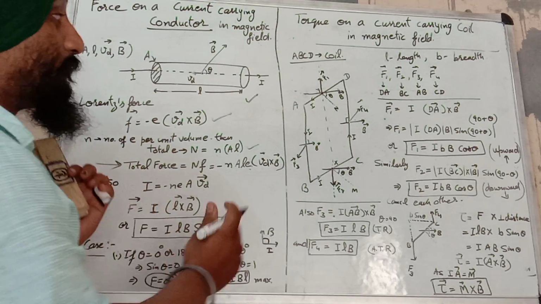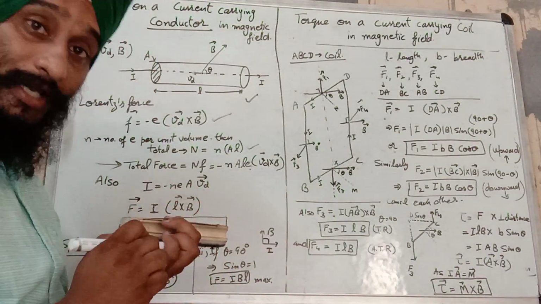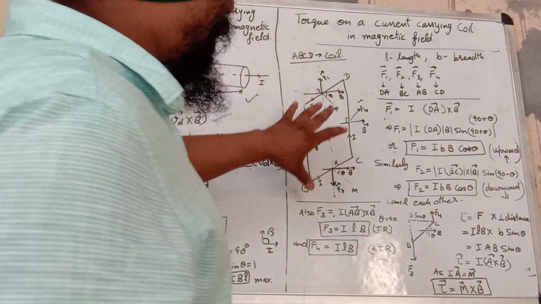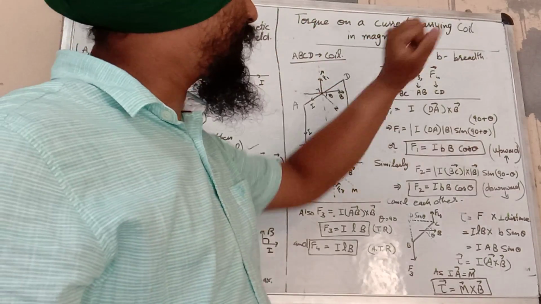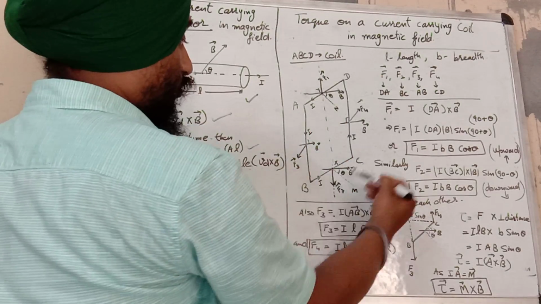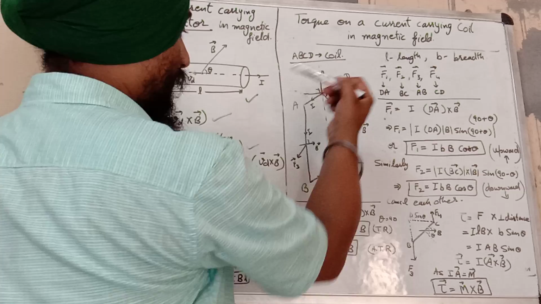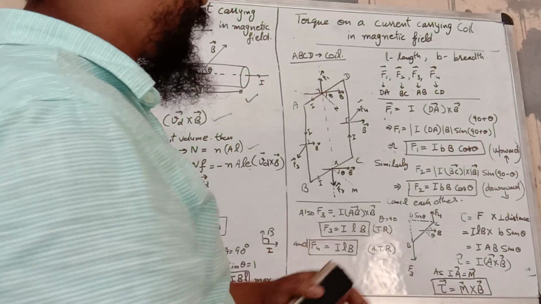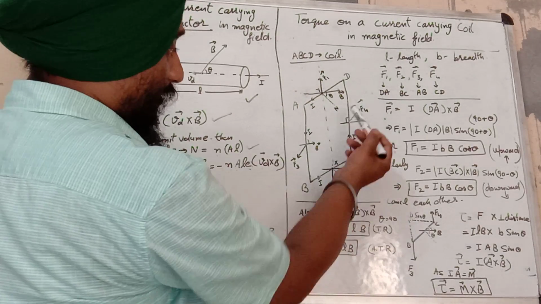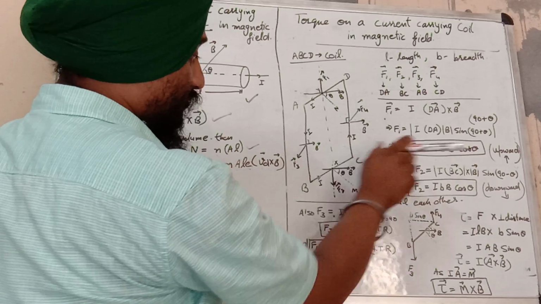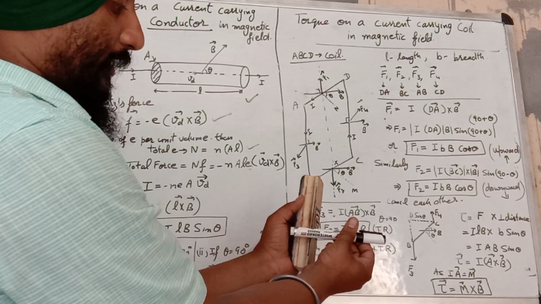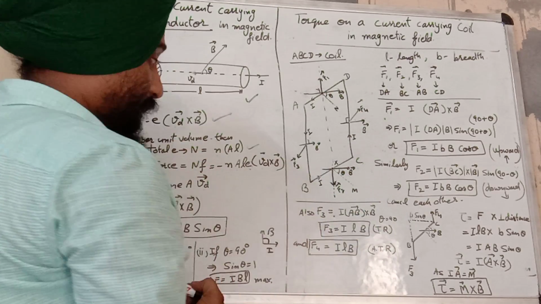Now, if we make a rectangular coil of these conductors, then what happens? Torque acts on the current carrying coil. Now we make a rectangular coil ABCD and place it inside the magnetic field. The field flows in this direction and the coil is placed making angle theta.